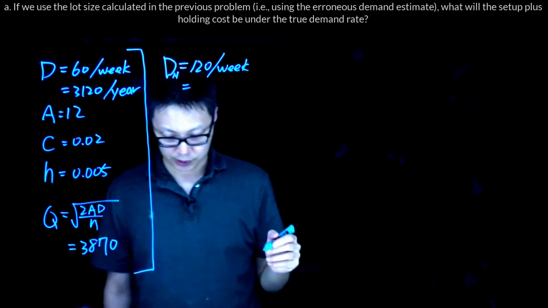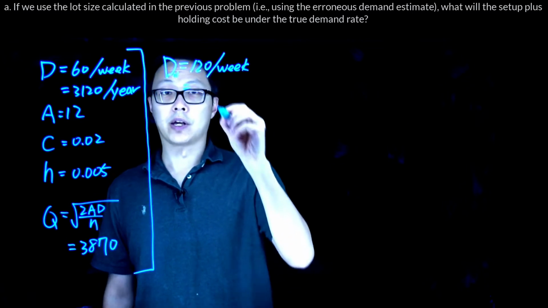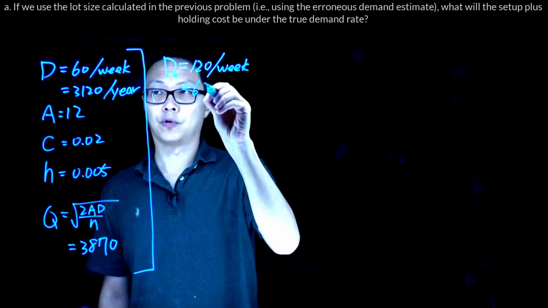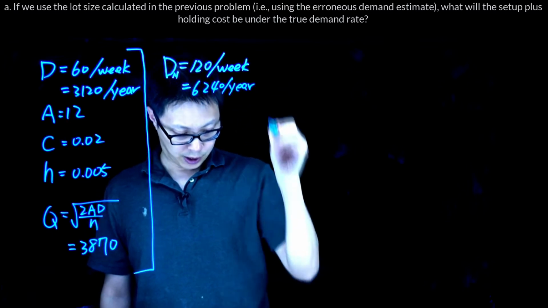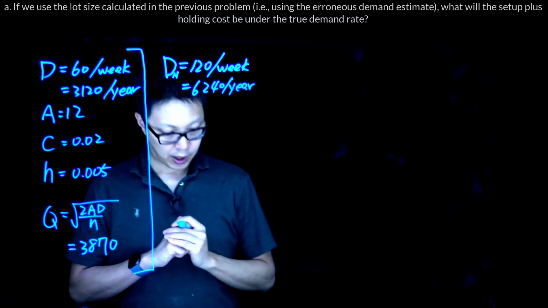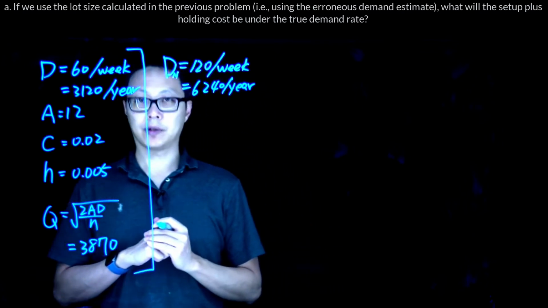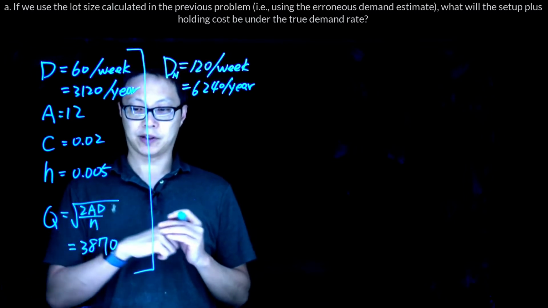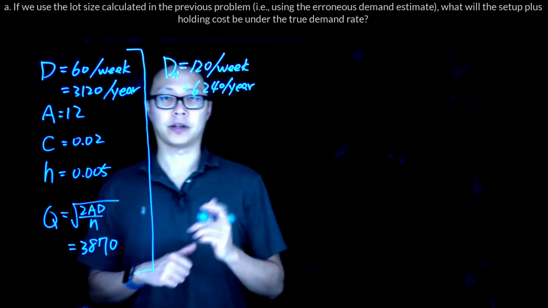In other words, the annual demand will be 6,240 per year. So now, suppose we order 3,870 units. What would be our cost?